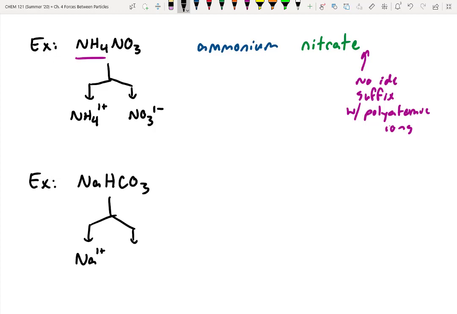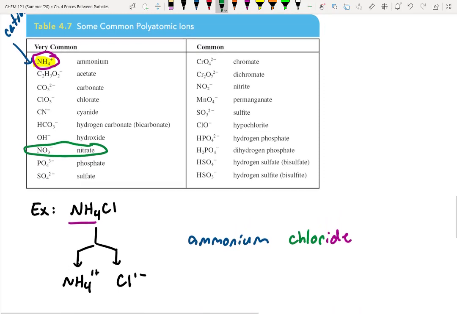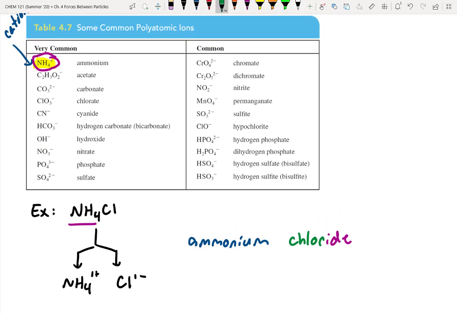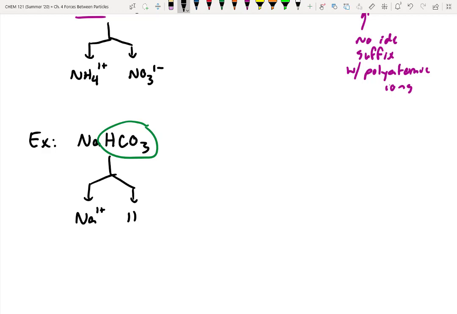But let's see if we can find this missing chunk over here. So HCO3. If I go up here, it's hydrogen carbonate. Okay, so it's HCO3 1 minus.